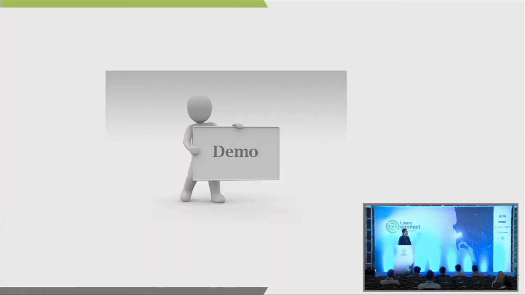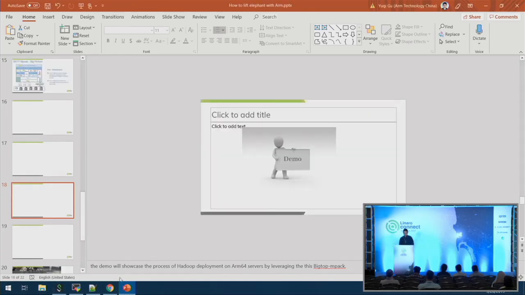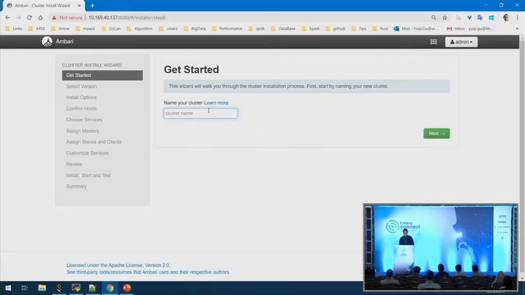Okay, this demo will show Hadoop deployment by leveraging this new Mpack. We have started the Ambari server and Ambari agent behind, and we also installed our Mpack to this Ambari server.